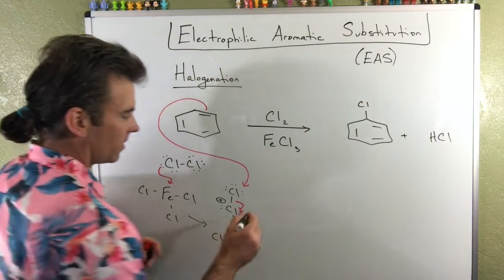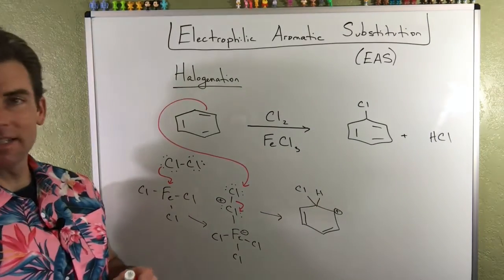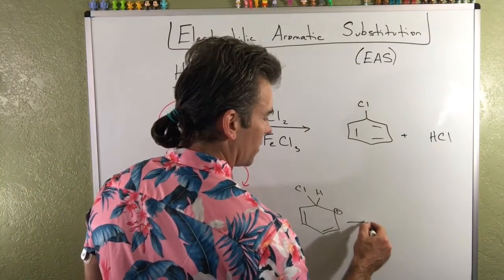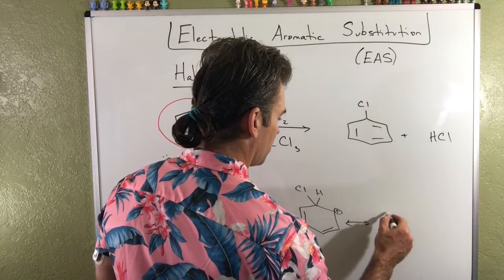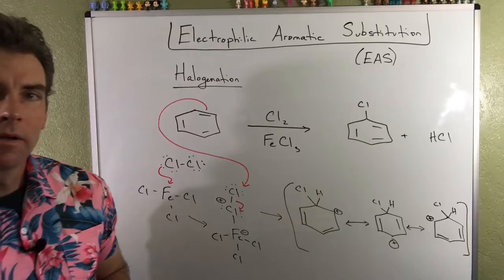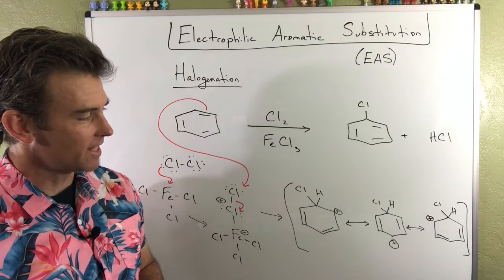And we end up with our initial intermediate. As I said, there's going to be a couple of resonance forms here, so I'm just going to draw them without arrows because you seem to be pretty good at resonance forms at this point. Okay, there is my complete set of resonance forms. Hopefully I didn't make any mistakes there.